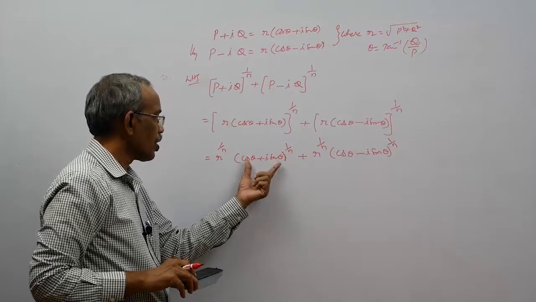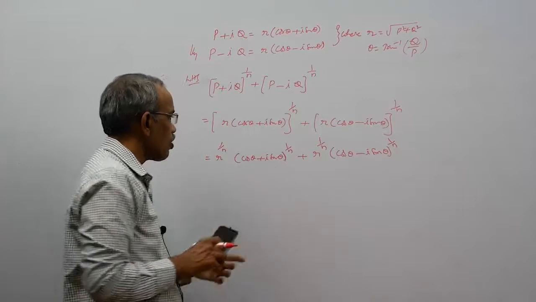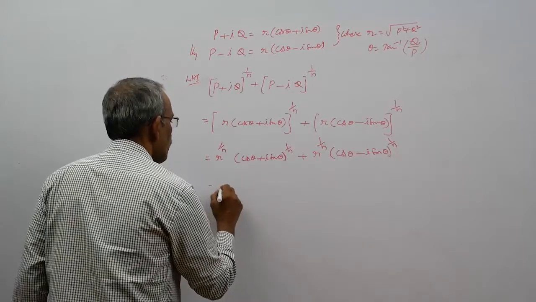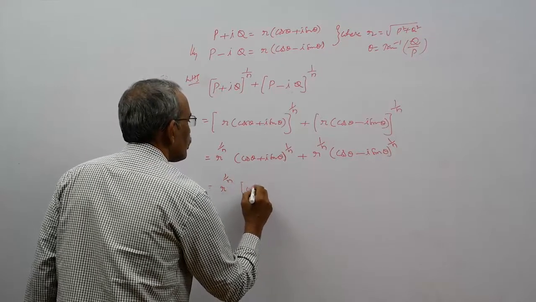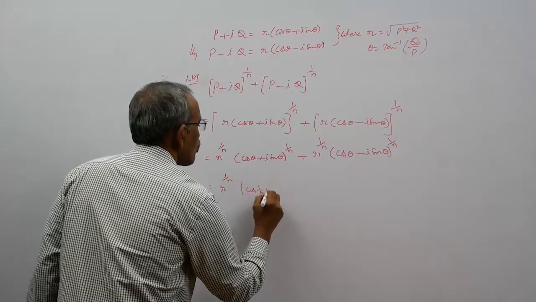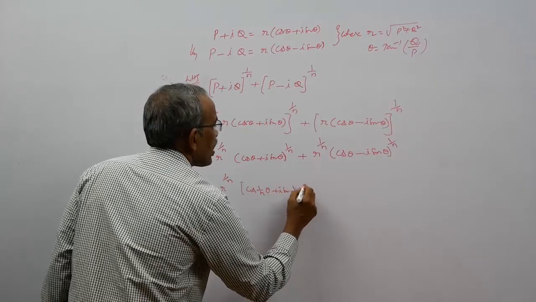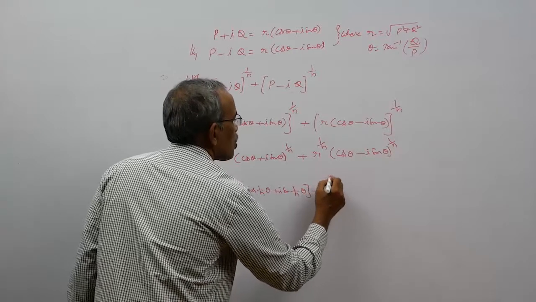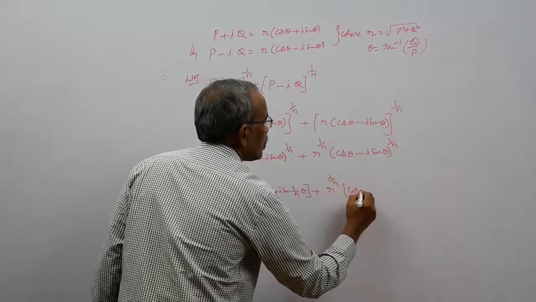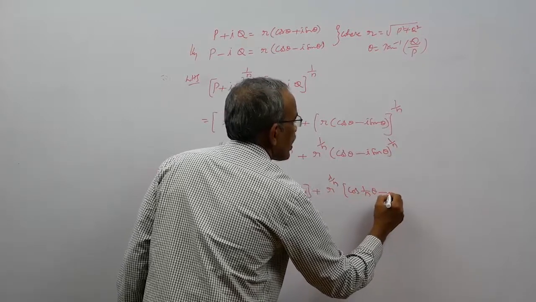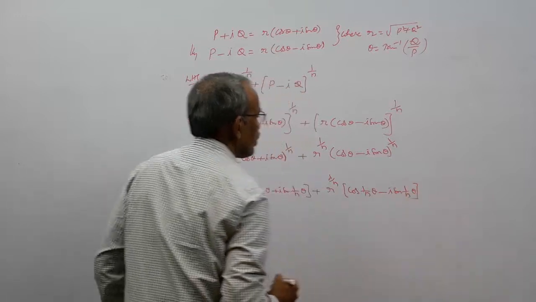Among the n values, one of the values is r to the power of 1 by n into (cos 1 by n theta plus i sin 1 by n theta) plus r to the power of 1 by n into (cos 1 by n theta minus i sin 1 by n theta).